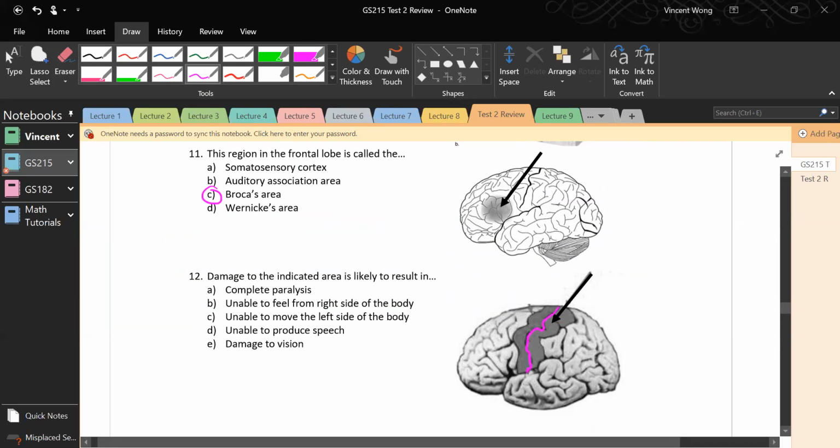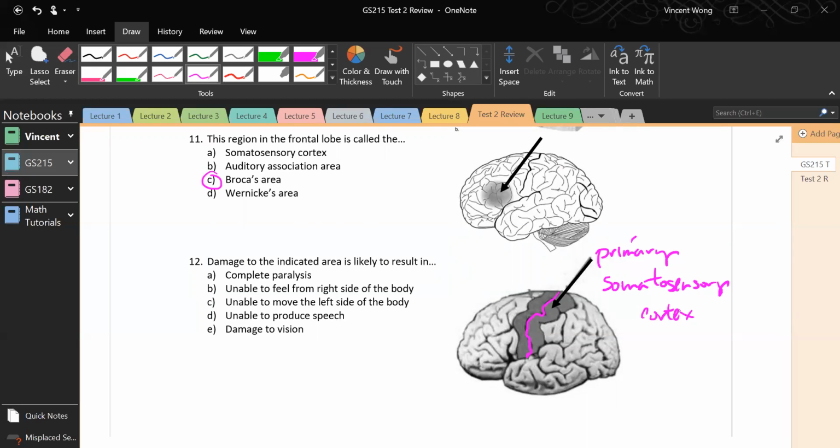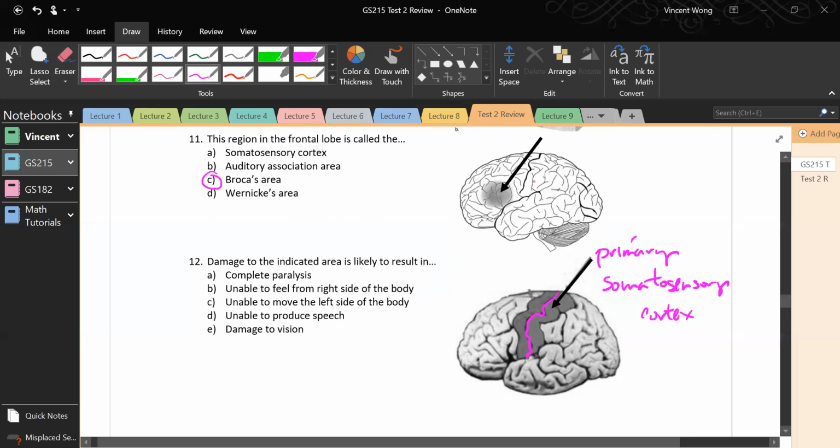So behind the central sulcus is your primary somatosensory cortex, and that is responsible for processing feelings. Not emotion type of feeling, but feelings from your body. So if you damage the left side, you would be unable to feel from the right side of the body. It depends on which part is damaged, then that part of the body you won't be able to feel.